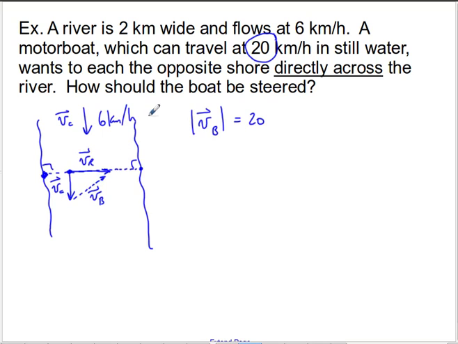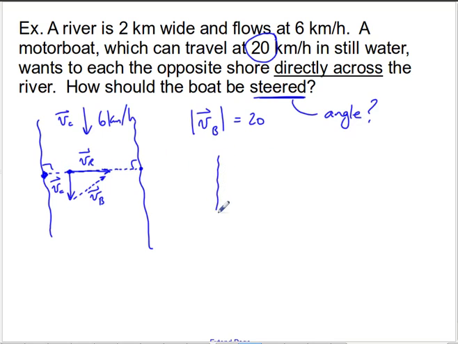So what we're interested in is how should the boat be steered? And what that's actually asking is an angle. At what angle should I steer the boat? Traditionally, when we talk about steering a boat, we talk about the angle looking straight across from the river.